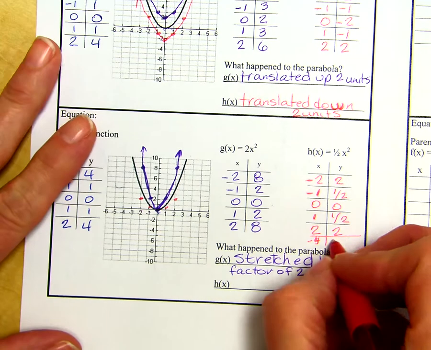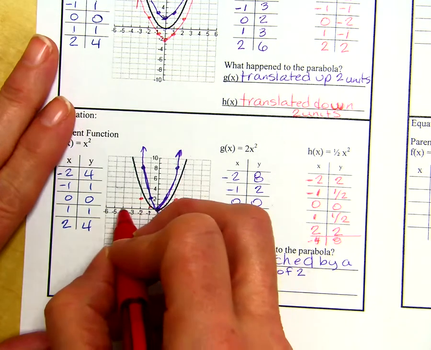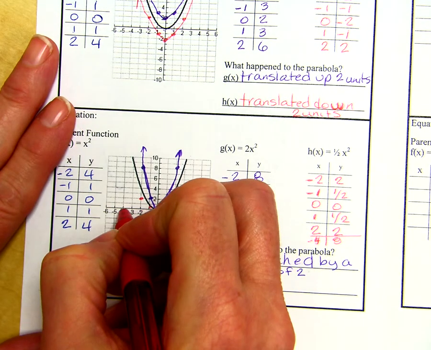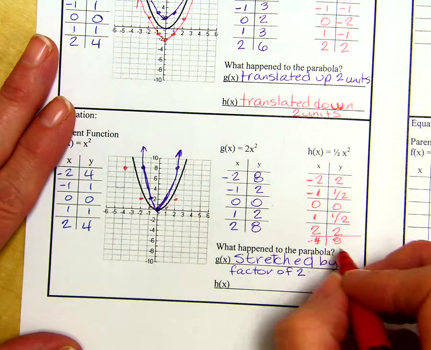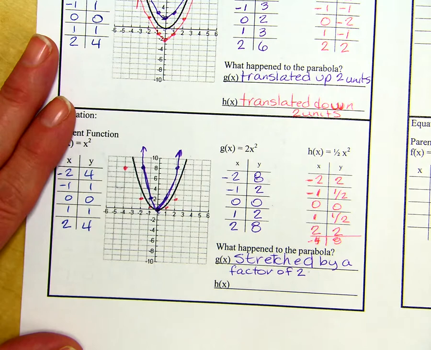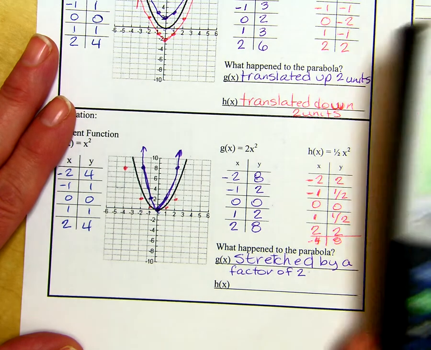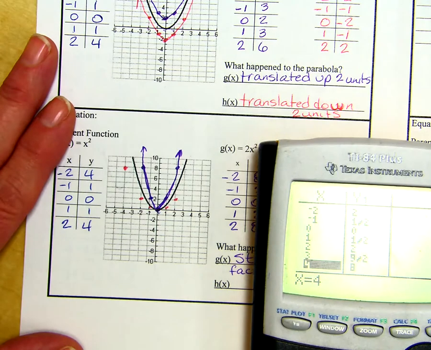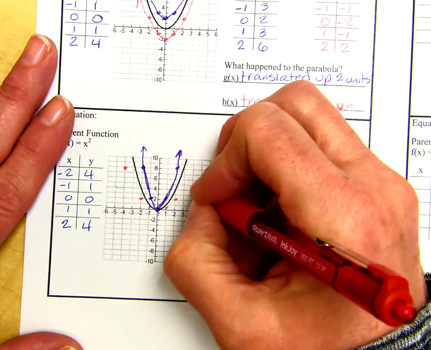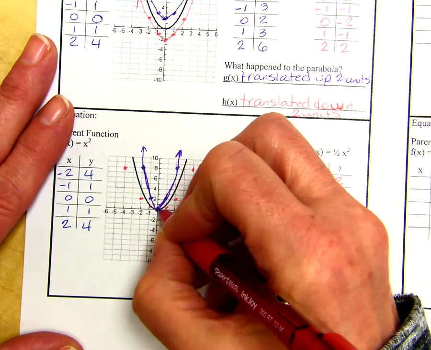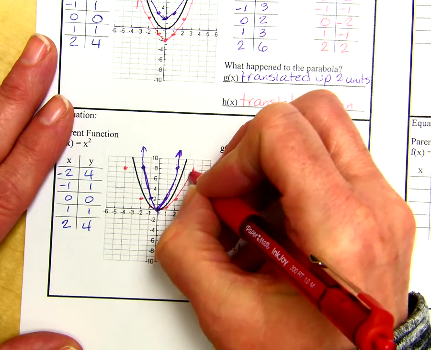Negative 4 is going to give us a positive 8. So if we go out here with negative 4, we can go up to positive 8. And a positive 4 also gives us an 8, as I can see in the table of values.